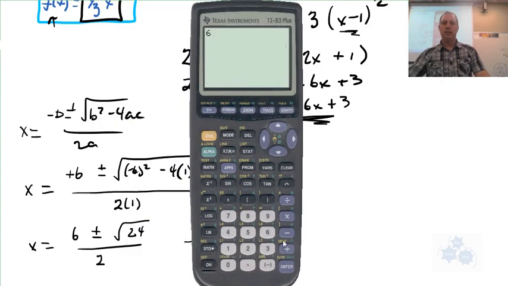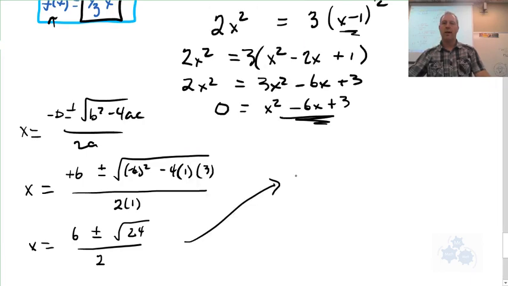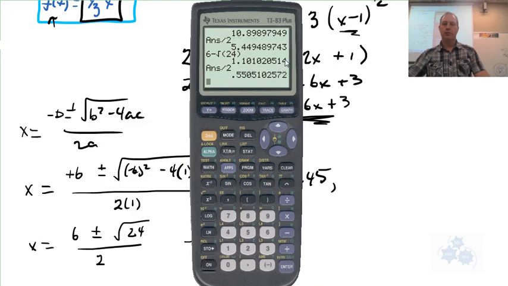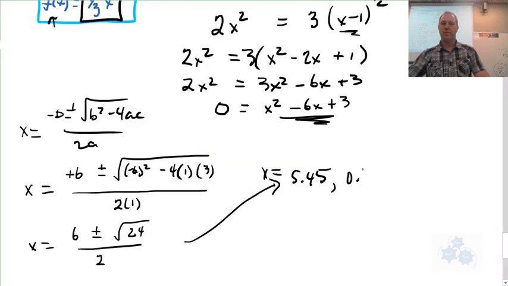So 6, let's do the plus first, plus root 24 divided by 2. So that's 5.45. Looks like we have one solution. And then 6 minus root 24 divided by 2 is 0.55.